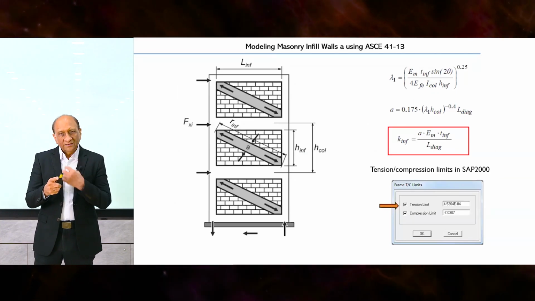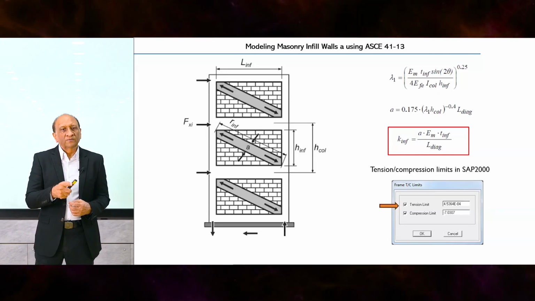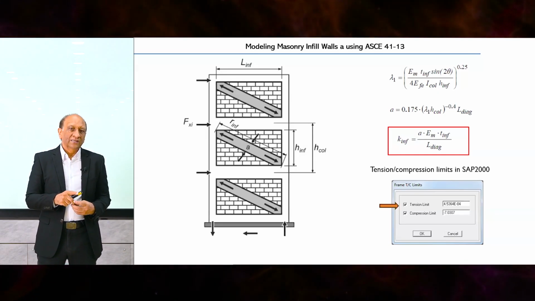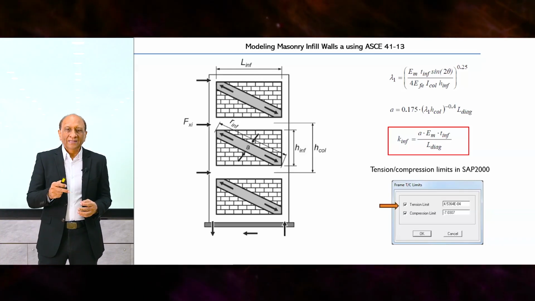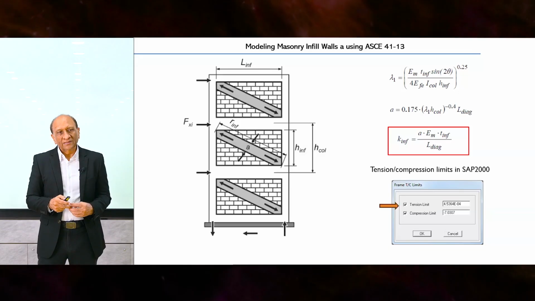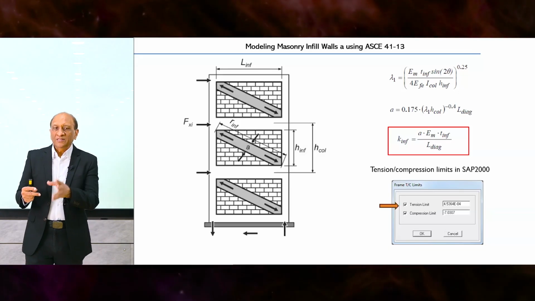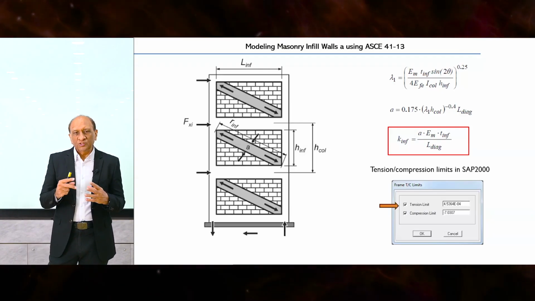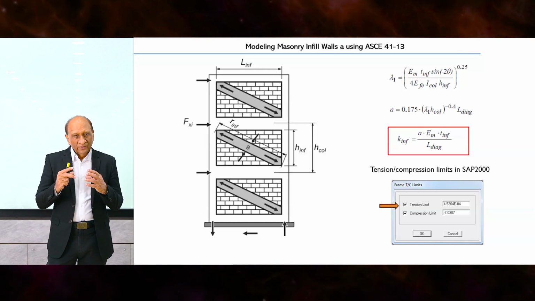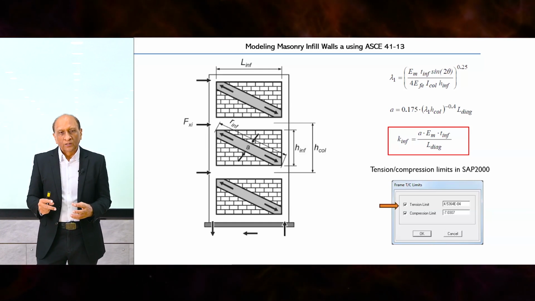ASCE 41 and FEMA both give very good equations to calculate the strut stiffnesses, linear and nonlinear both. And then in SAP or ETABS, you can model them as members with tension and compression limits. And these limits are extremely important because these struts are not infinite. So they must have the capacity to break or not participate in the load carrying.